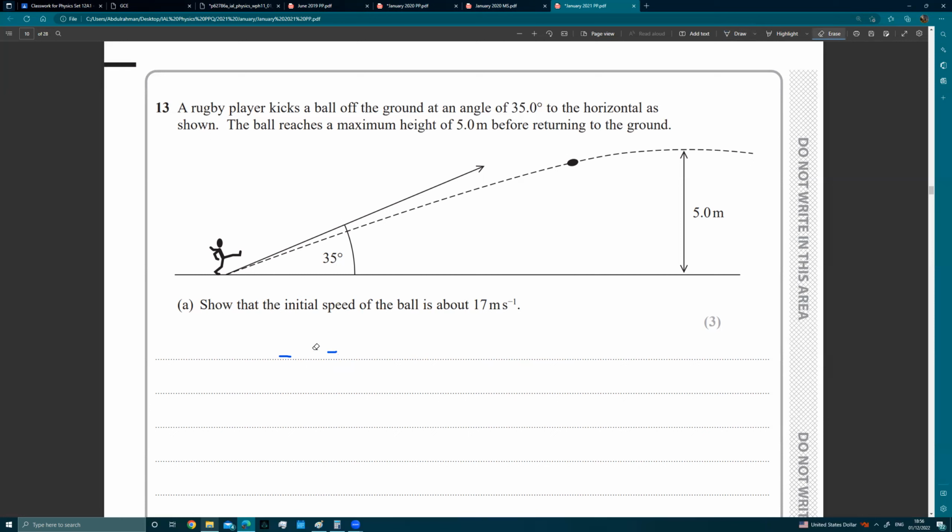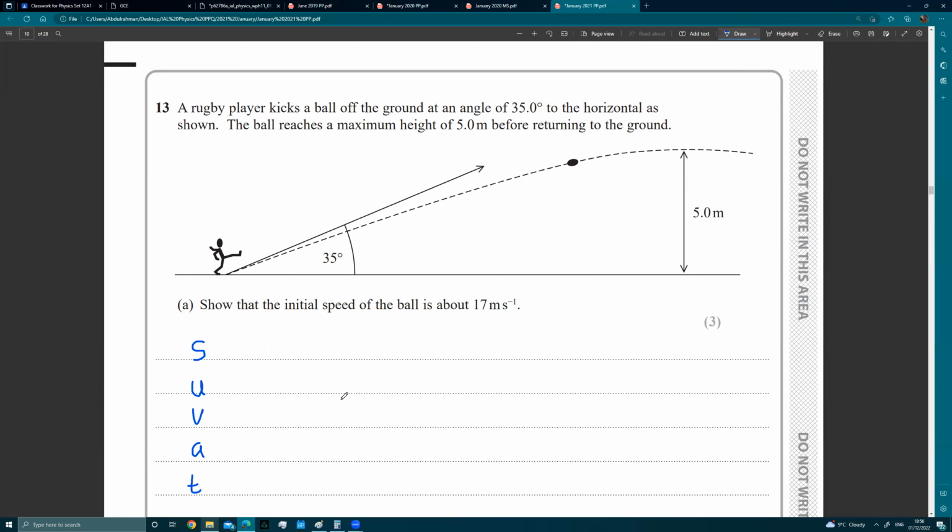But what's nice to notice is you're given vertical displacement and you know the acceleration is minus 9.81. So what we're going to do is the vertical SUVAT. Shouldn't it be positive 9.81? No, absolutely not. Acceleration's always minus 9.81.